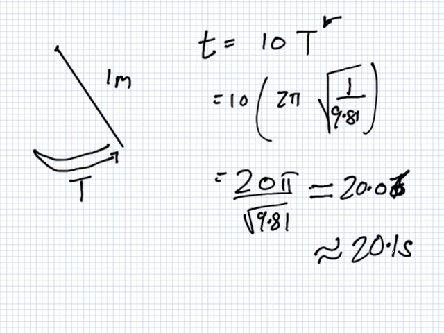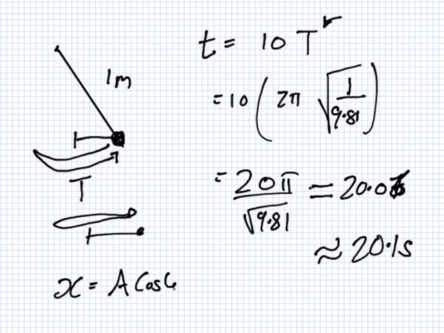You can use all the simple harmonic motion formulas as well, because remember we said its motion is like simple harmonic motion going back and forth. Starting on the outside, you could use the formula x equals a cos omega t.